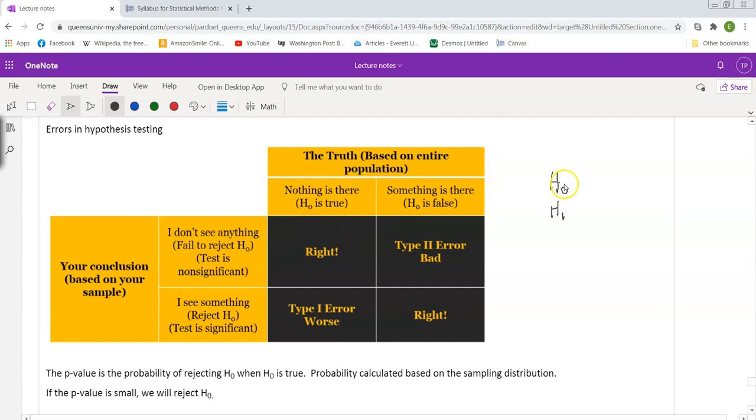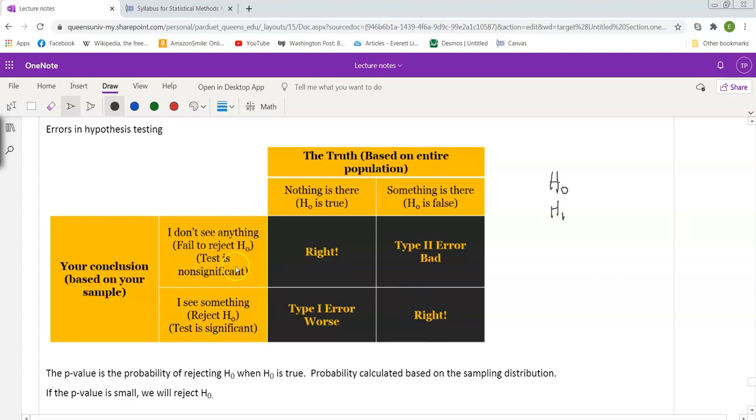So if H0 is true, we would hope that we would fail to reject H0. That's a correct conclusion. If H0 is false and H1 is true, we hope that we would reject H0. So reject H0 would be the correct conclusion if H0 is false. Okay, so this one and this one are correct.